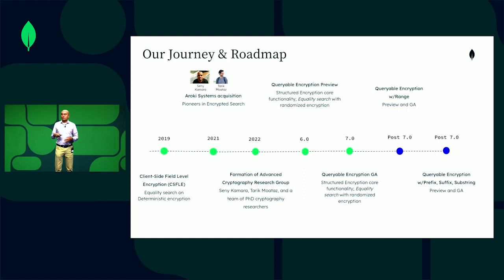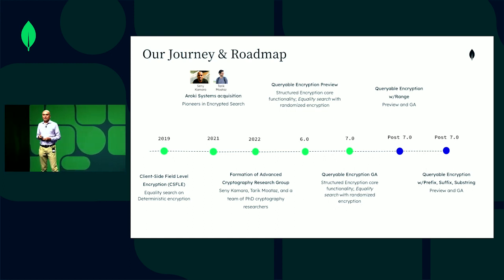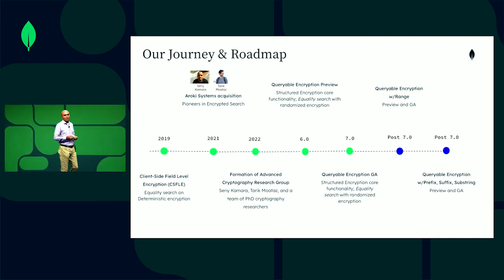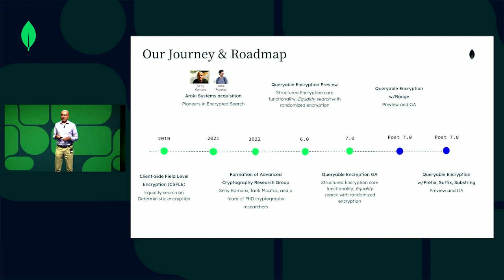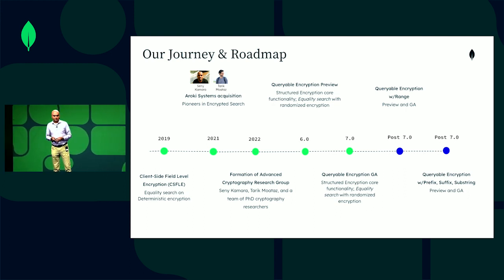In 2021, we acquired a company called Aroki. In 2022, we formed the research group, and we released Queryable Encryption for equality queries as preview, expected to GA later this summer. And then we have plans to release range and prefix-suffix queries after 7.0. Again, these are encrypted queries on randomized encrypted data.